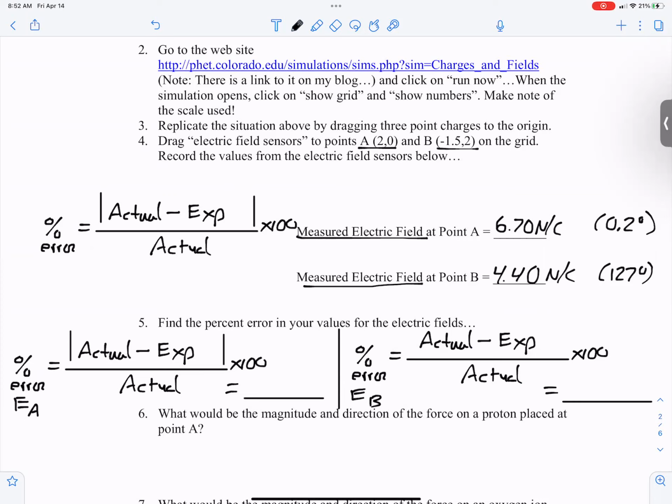6.75, and then times 100. And we're getting about 0.74% error, 0.75% error. That's pretty darn good.